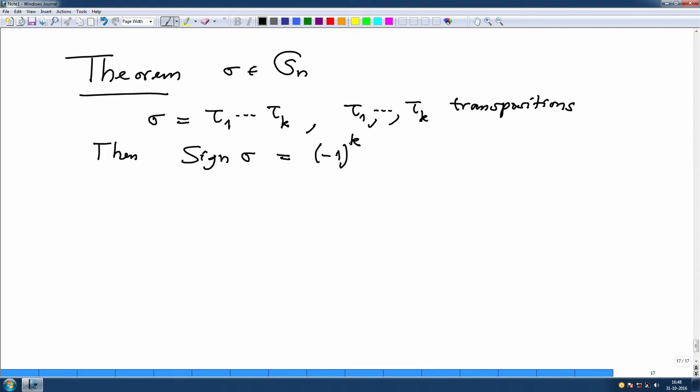So, if k is even, this will be 1. If k is odd, this will be minus 1. This is what I need to prove.